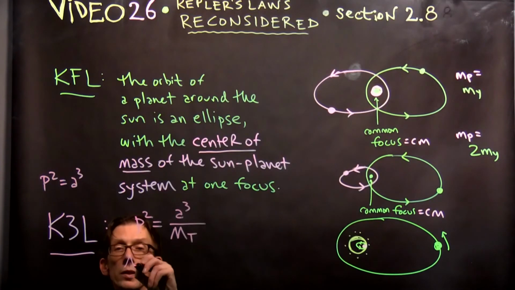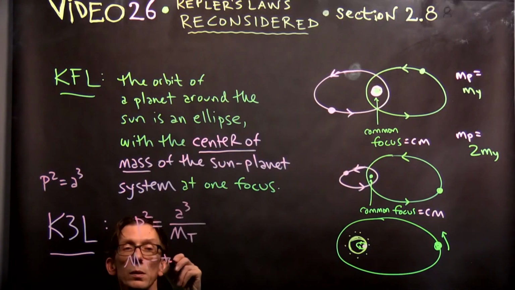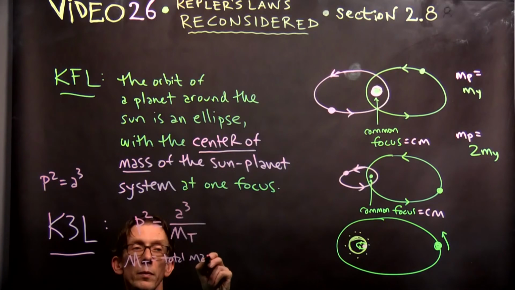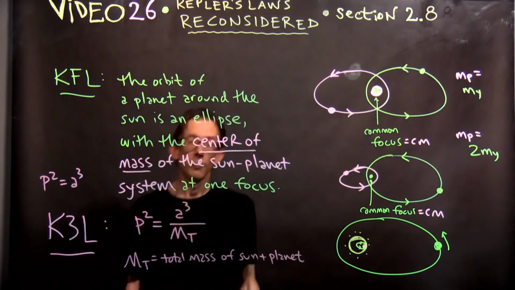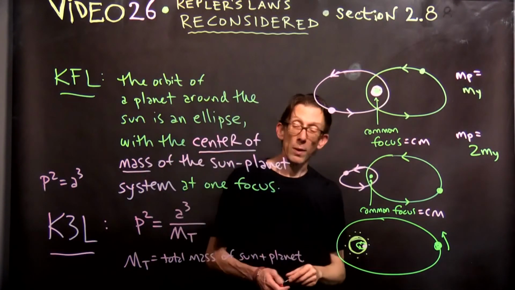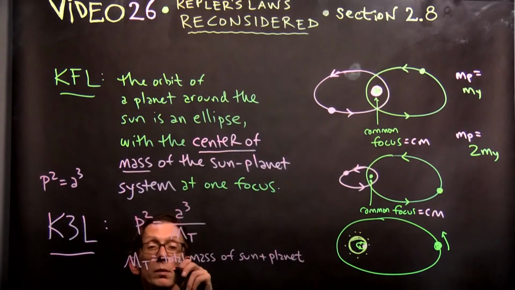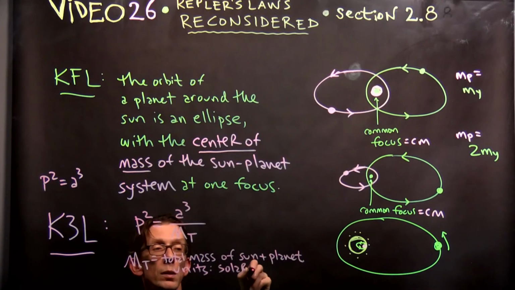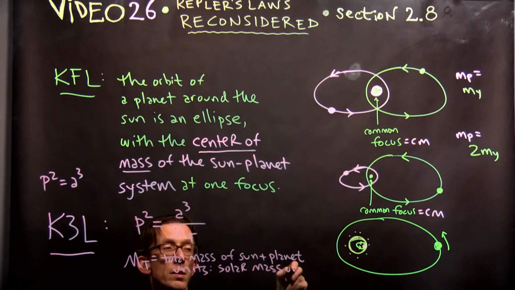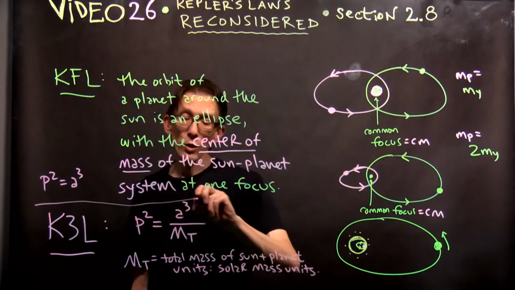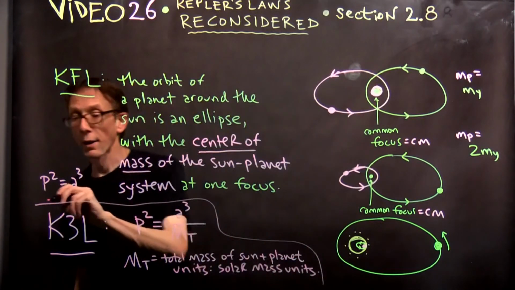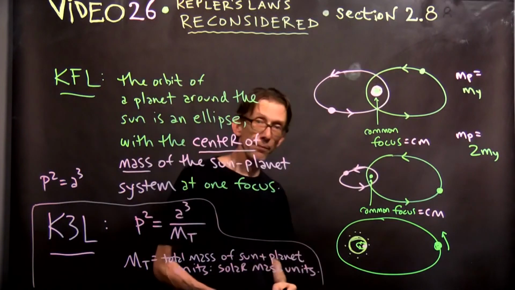M sub t is the total mass of the sun plus planet. Okay? Total mass. And the units are solar mass units. This I'm simply giving to you now so that when we come back to it later, I can refer back to it. Okay?